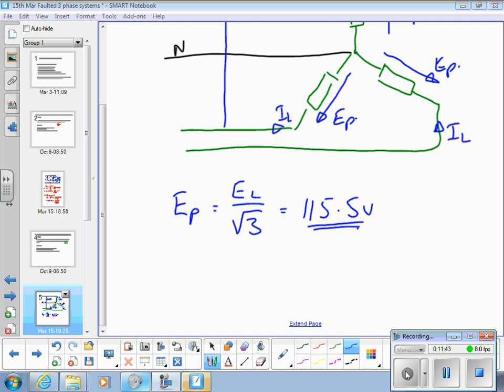We'll see in a minute. Alright, next. That gives 59 milliamps. We'll see.